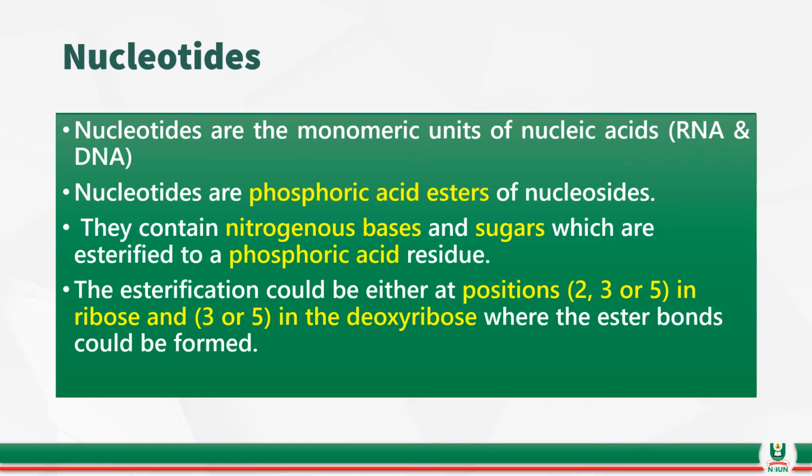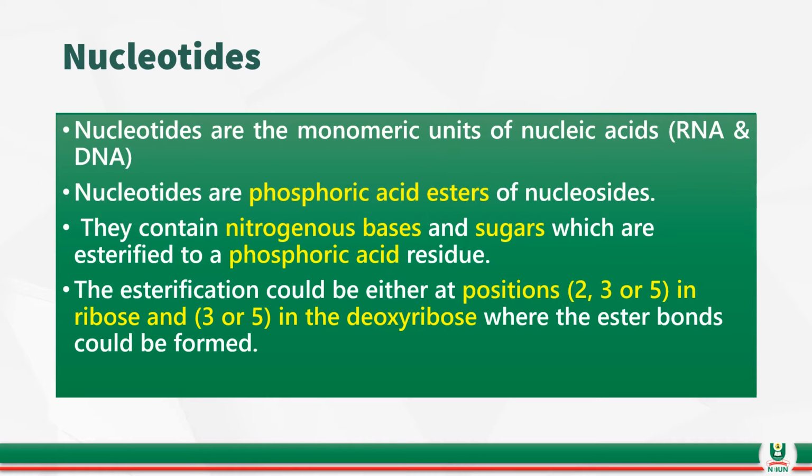Or maybe they are carrying out a DNA test to find out whether a crime was committed by one person or the other. So the DNA we're talking about is one of the nucleic acids we have. The next one is RNA. So what comes together to form DNA and RNA is what we call nucleic acids.